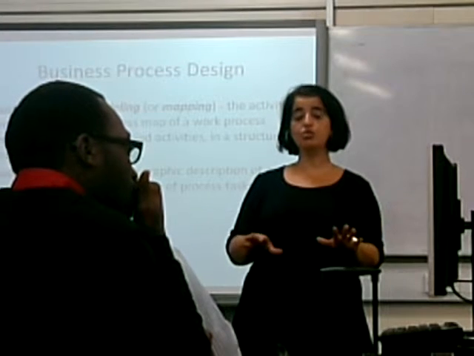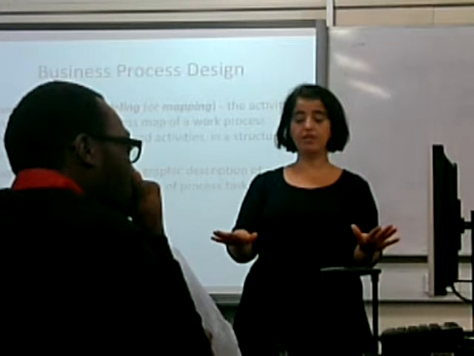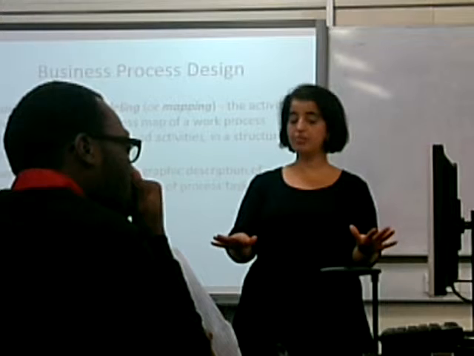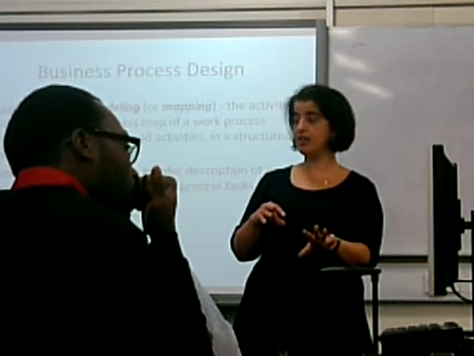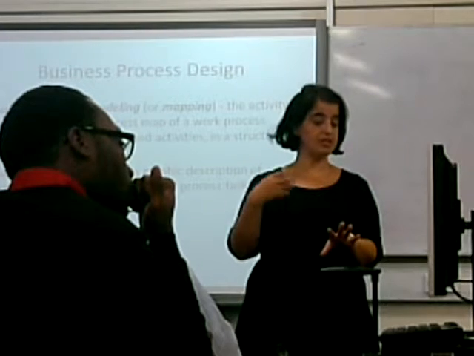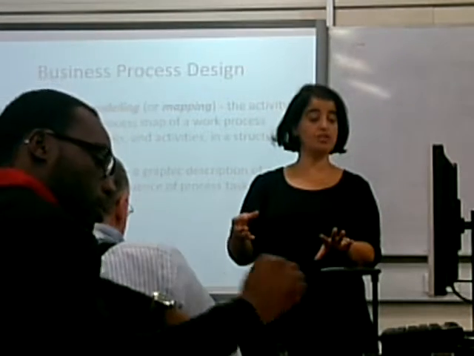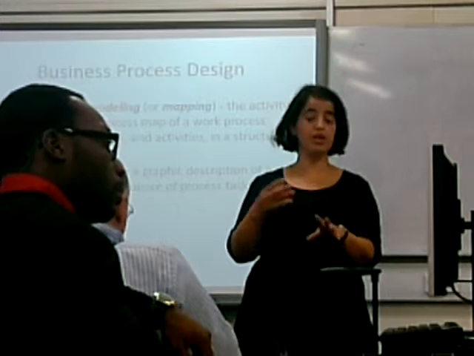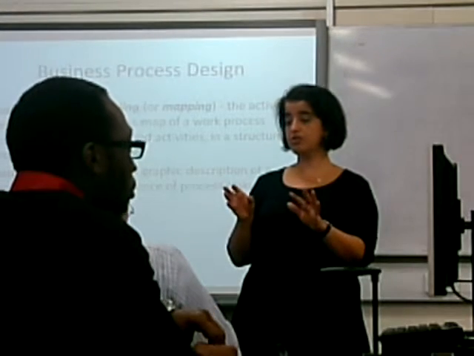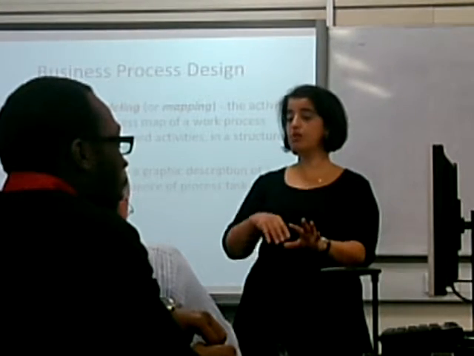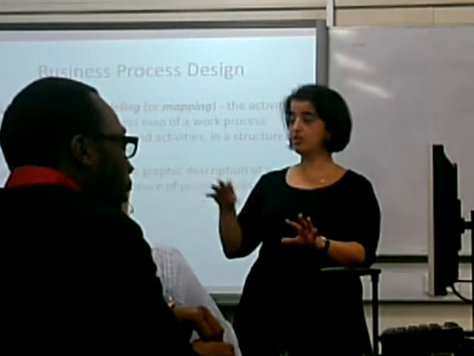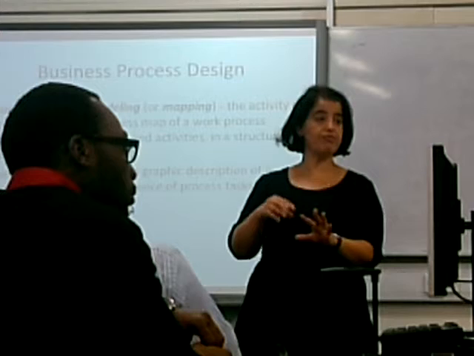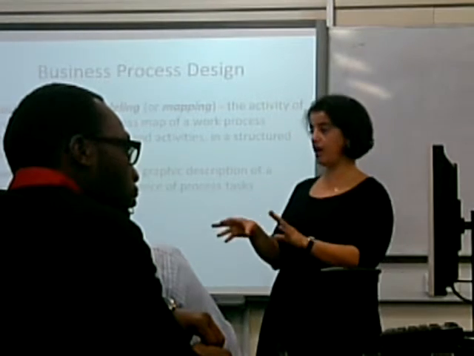And then the to-be: once you have the as-is captured, you introduce the changes that are needed to re-engineer that process, and we talk about to-be. Most of the time, the to-be will include some automation of some activities and the introduction of some information system to support those activities.